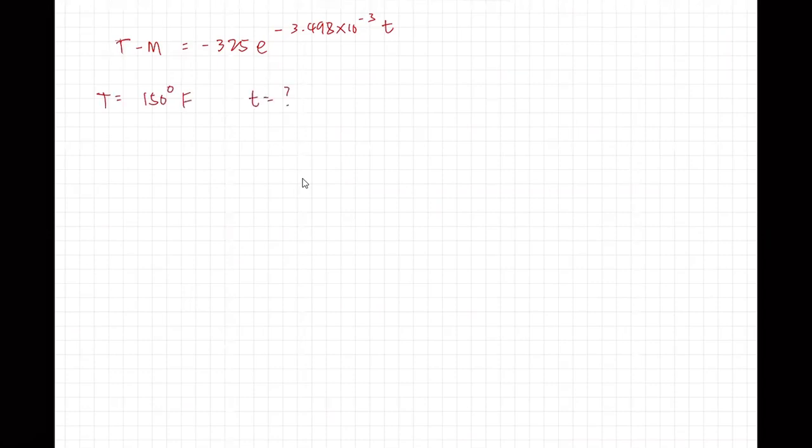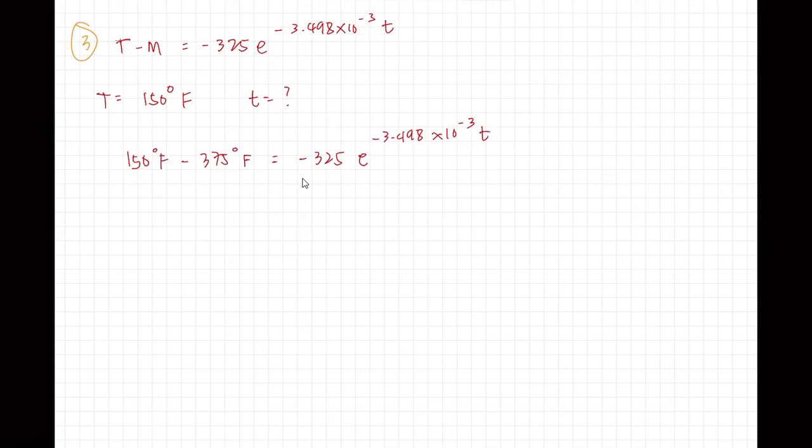Okay? So, substituting lang dun sa third equation natin. Okay, so 150 Fahrenheit minus, yung control natin is 375, is equals to negative 325 e negative 3.498 times 10 to the negative 3 T. Okay?